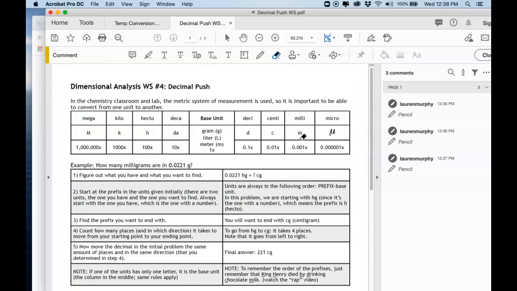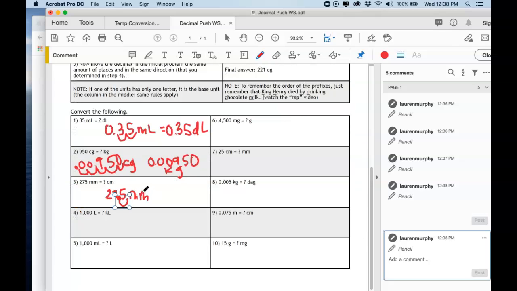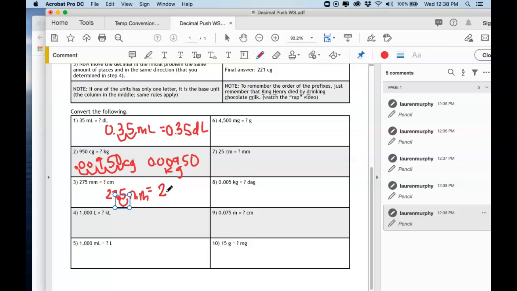So milli is here, and we're going to go to centi. So it's just 1 backwards. So 1 backwards, so 27.5 centimeters.